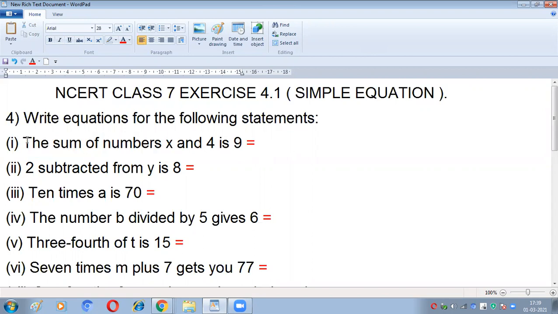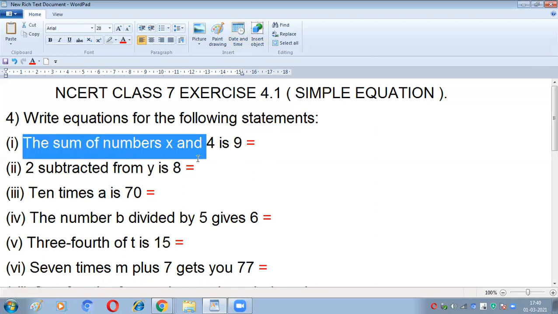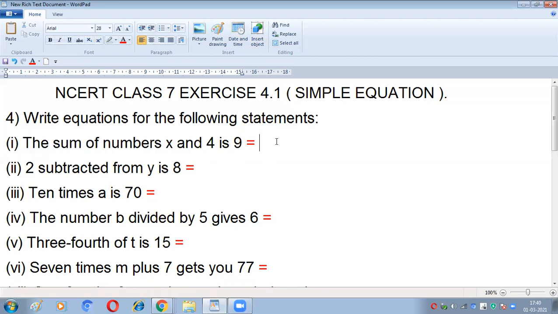As the first statement is the sum of numbers x and 4 is 9. So that means here is the number which is called x and 4. Now we have to find the sum of x and 4. We have to not simplify it, we have to only write in words. Here is in statement form, we have to write in words.